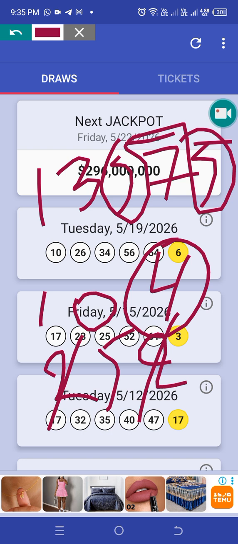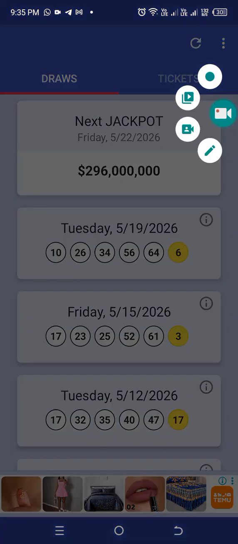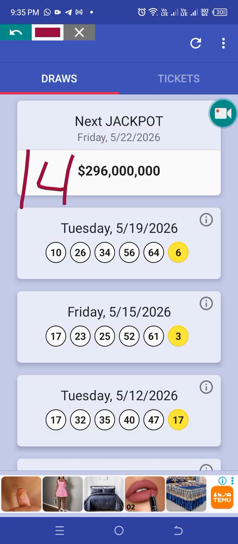So for today, what does our code look like? Let's check our code. Our code is 26 plus 10 plus 34 plus 56 plus 64 plus 60 is equal to 196. Multiplied by 75 is equal to 14,700.